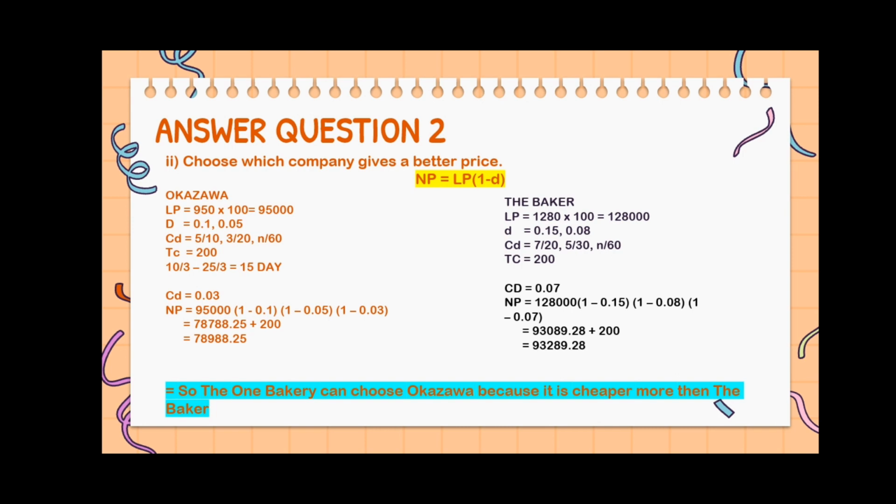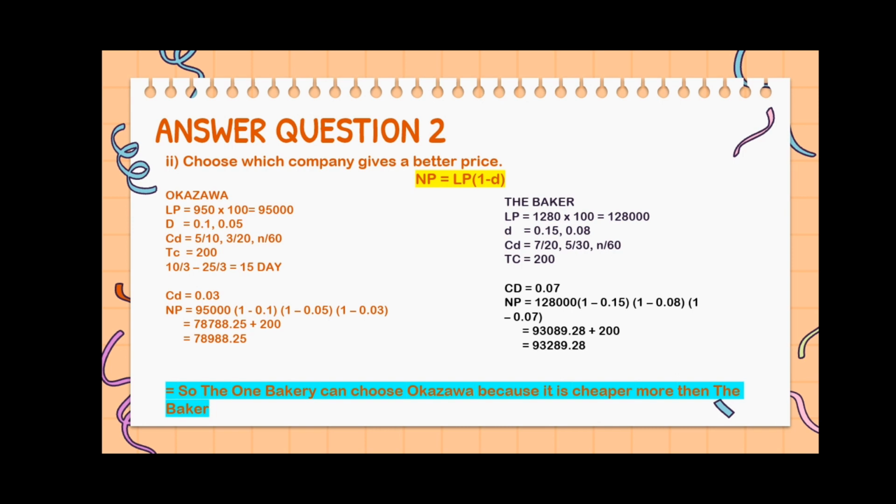And then CD equals 0.03 and P equals 95000 times (1 - 0.1) times (1 - 0.05) times (1 - 0.03).